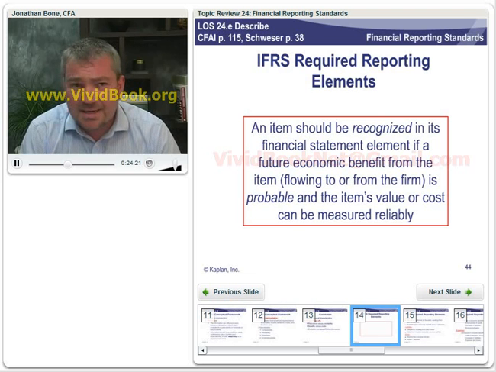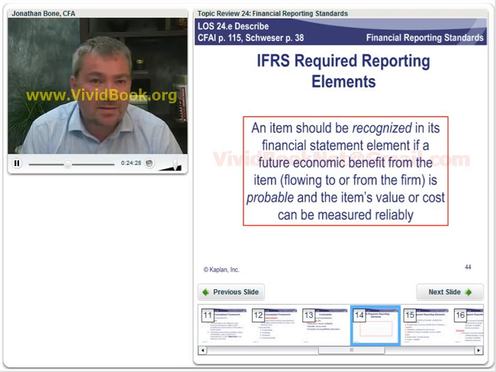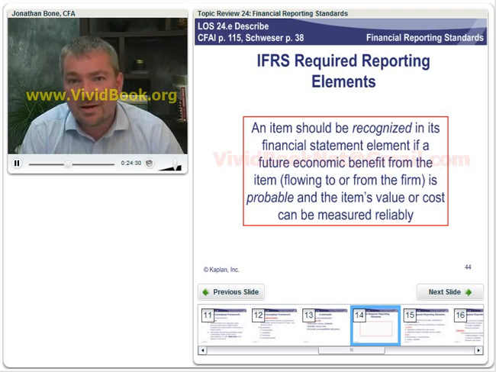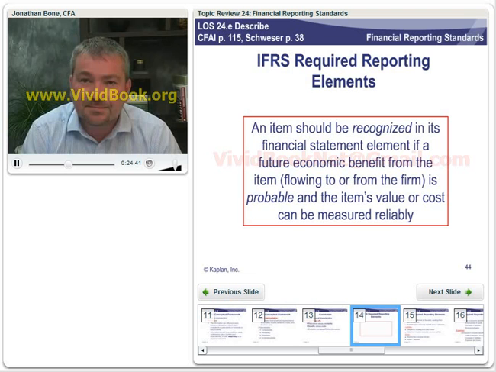So let's take a sale on credit. We've made a sale on credit, we've recorded a sale, we've recorded accounts receivable. How do accounts receivable lead to a probable flow of future benefit? Well, of course, the customer should pay us, and at that time, cash, of course, will come into the company, a flow of economic benefit from that transaction.